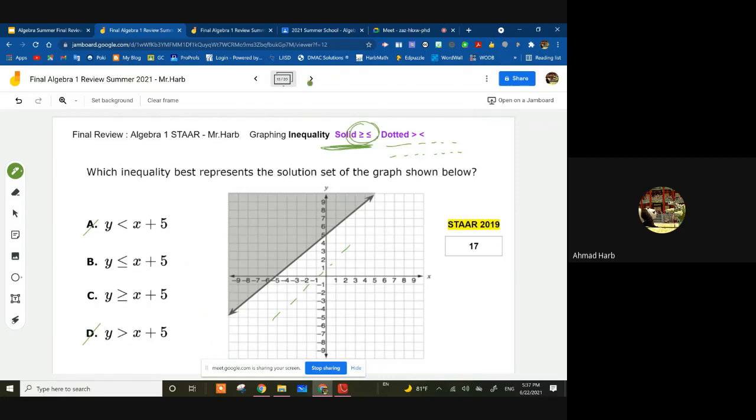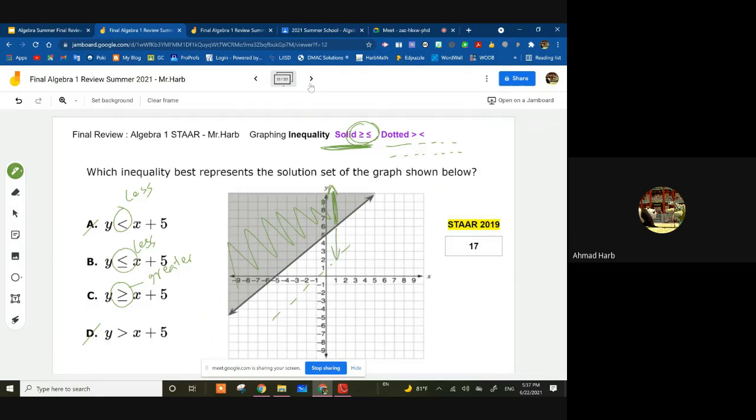Now, this symbol means less or equal, and this is greater or equal. Now, look at the shade. The shade area right here. Are they bigger than 5, like 5, 6, 7, 8, 9? Are they bigger than 5, the shade, or less than 5?